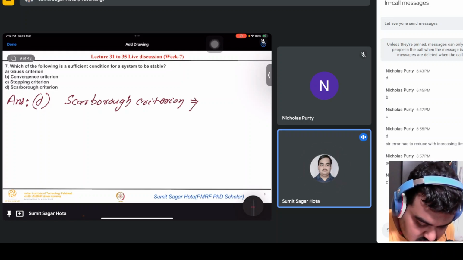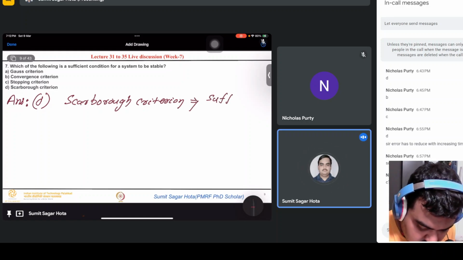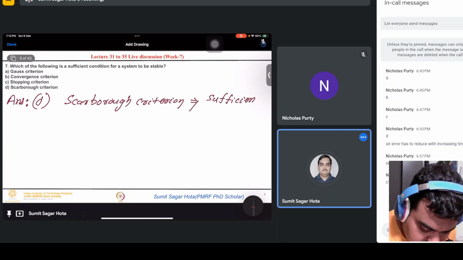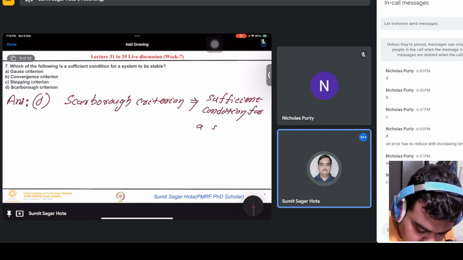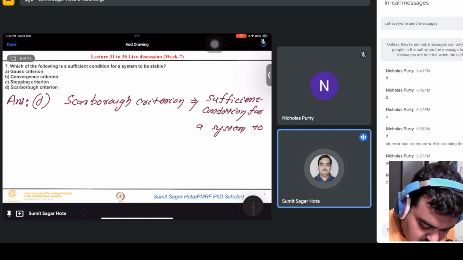This is the end condition for a system to be stable.